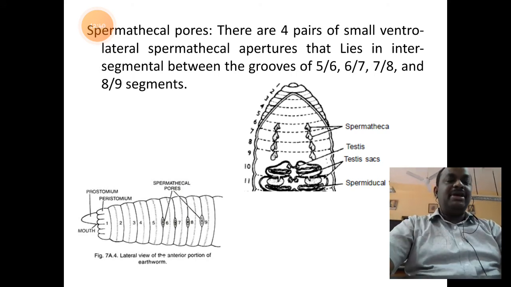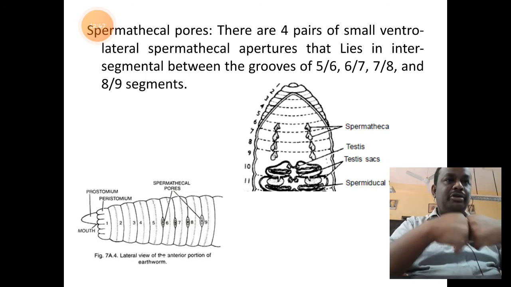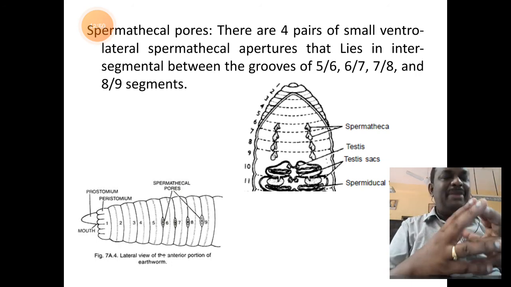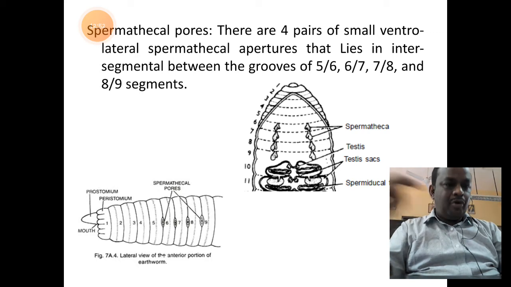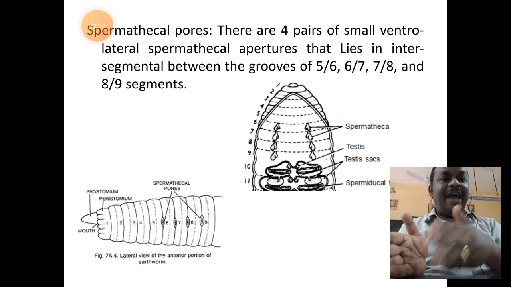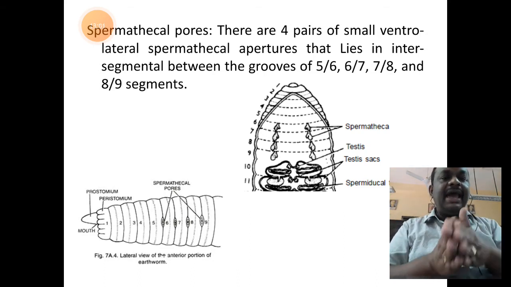You know, intersegmental grooves means when 2 segments join, that region we call intersegmental grooves. So that is the location of these spermathecal pores. I mean, a pair of openings is seen. Between which segments? Between 5 and 6, 6 and 7, 7 and 8, 8 and 9.